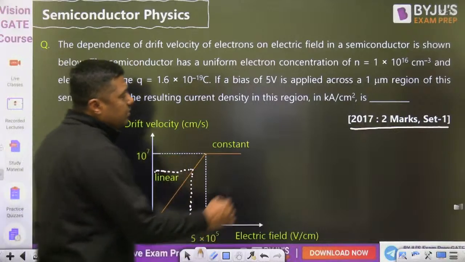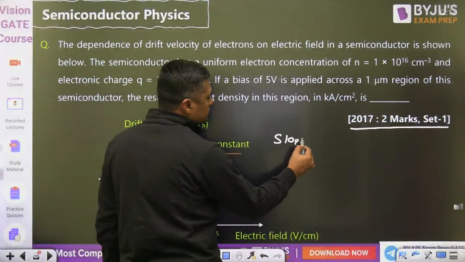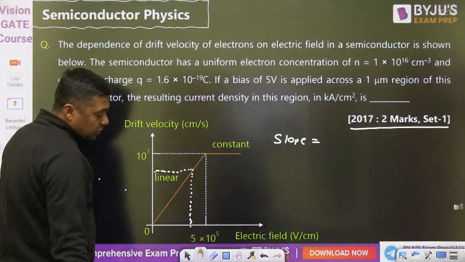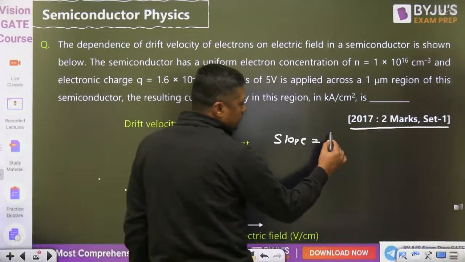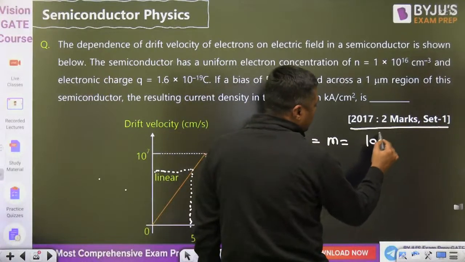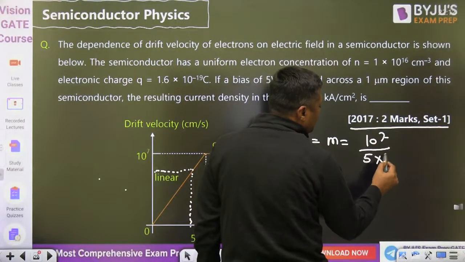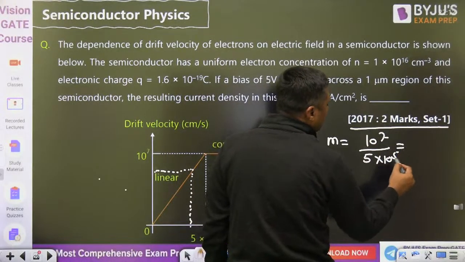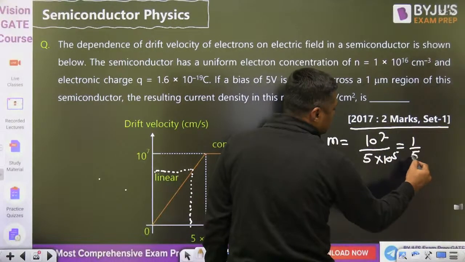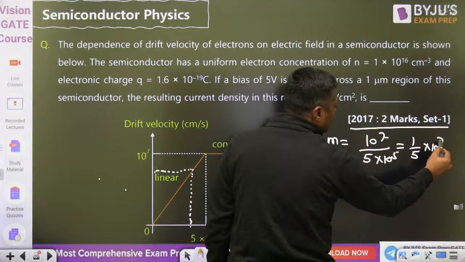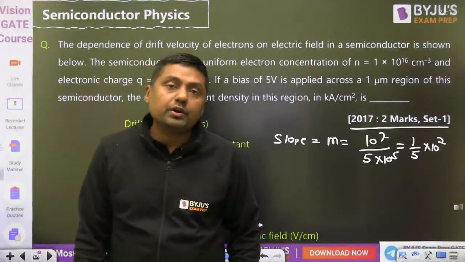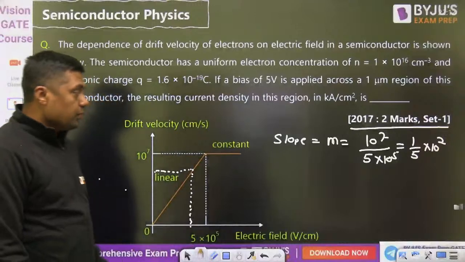The slope, represented by m, is 10 to the power 7 upon 5 into 10 to the power 5, that will become 1 by 5 into 10 to the power 2, or 100 by 5. 100 by 5 means what? 20. So that is the slope.